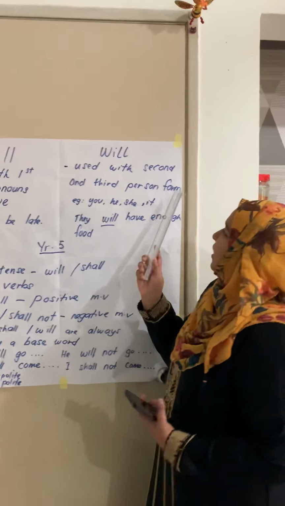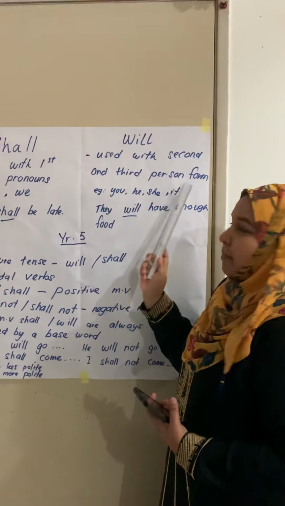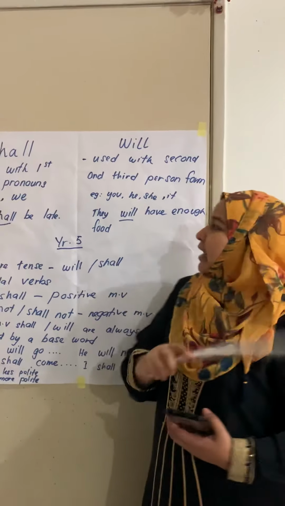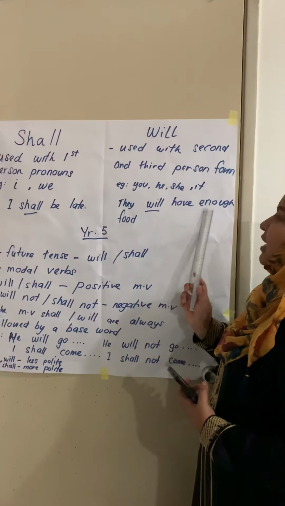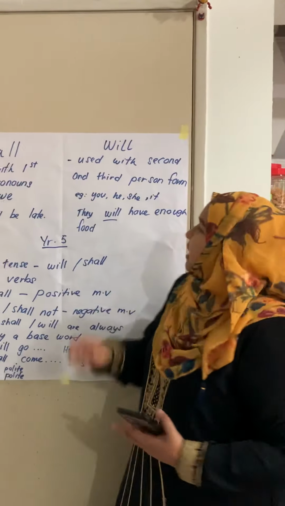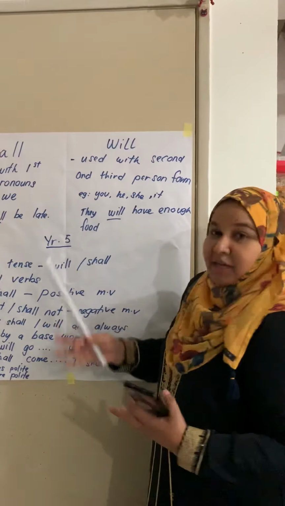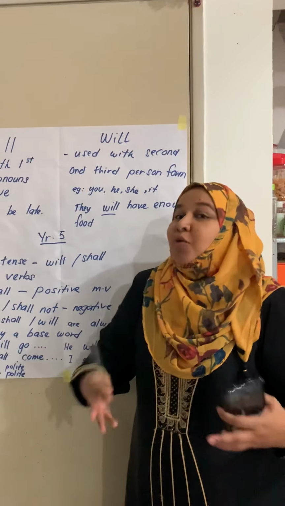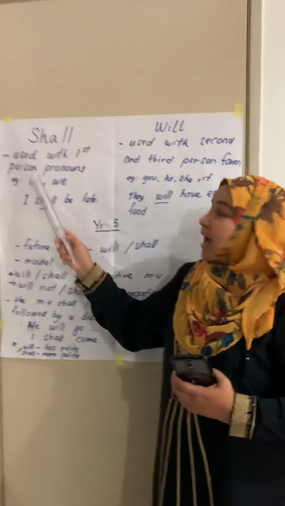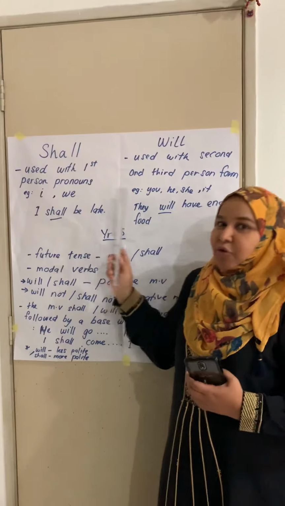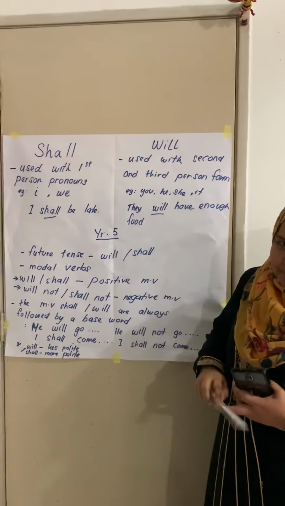These are all second and third person forms. Now look at the example: They will have enough food. He will, she will, it will. But don't forget, we can also use I and we with will.